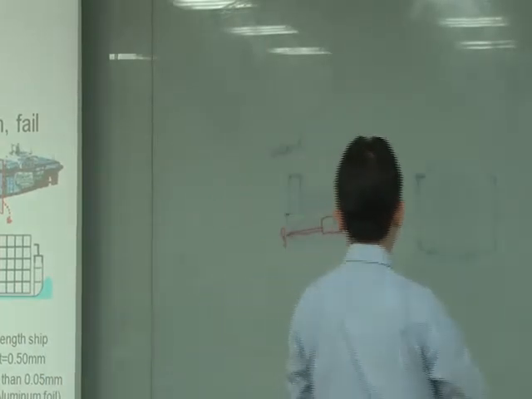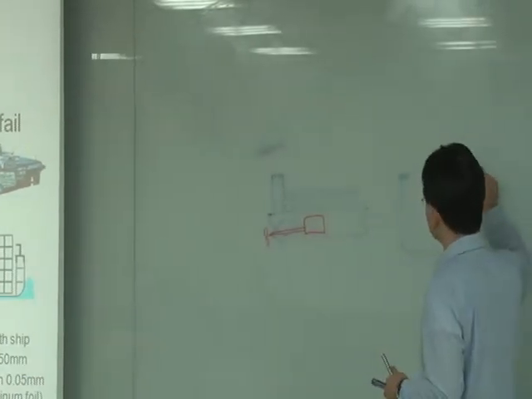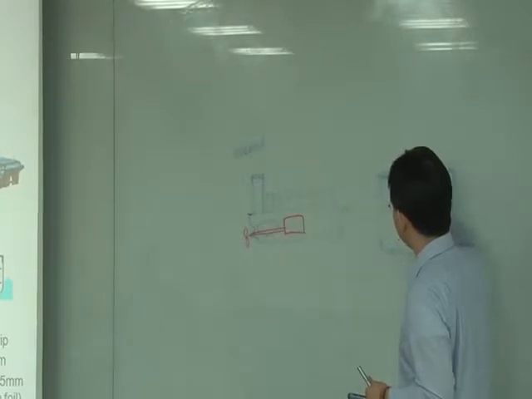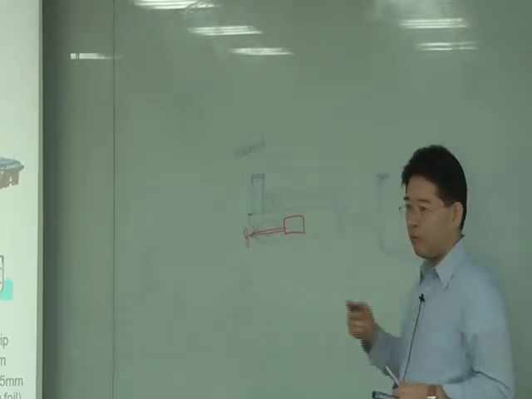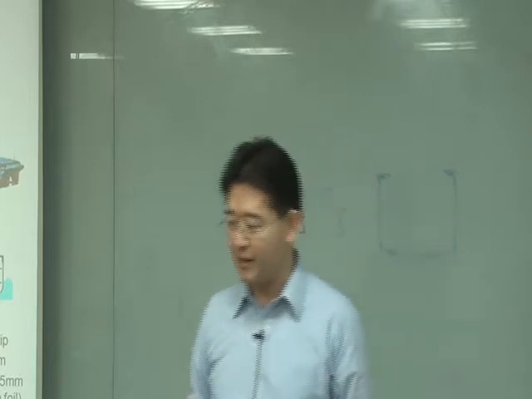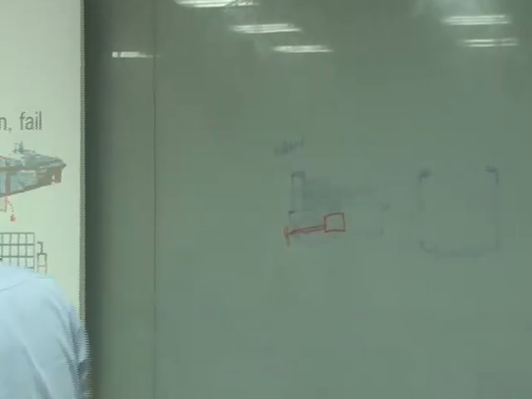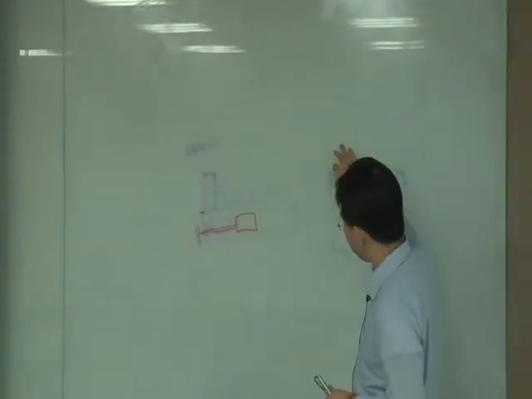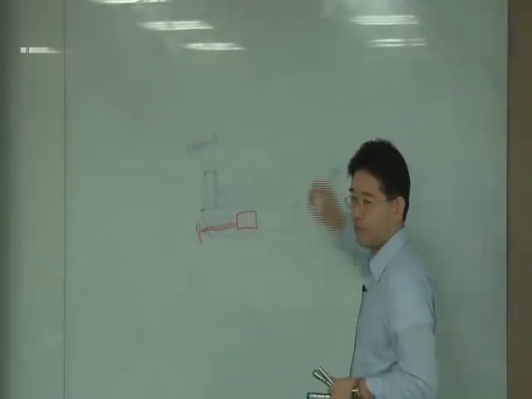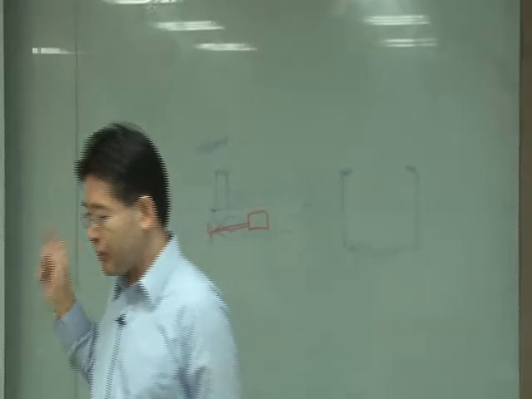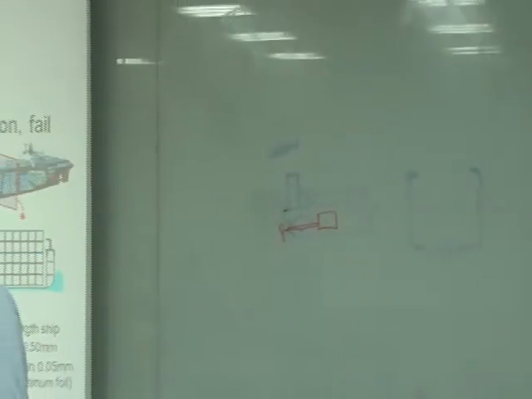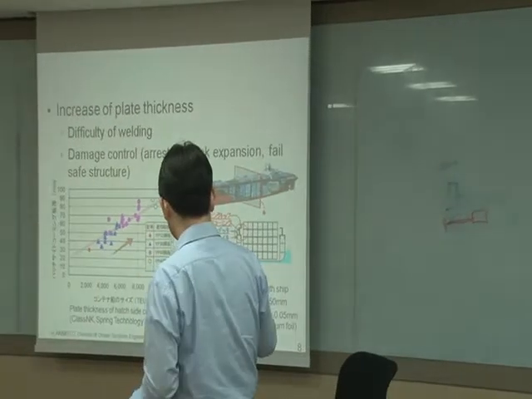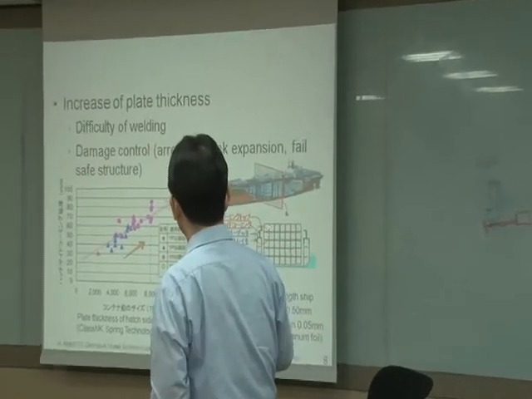But because of this opening, this part cannot be used for strength. So what we can do is only use very thick plate in this position. The name of the position is coaming top. It is indicated in this part.